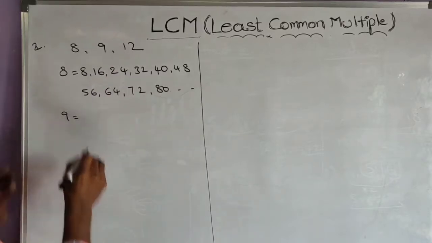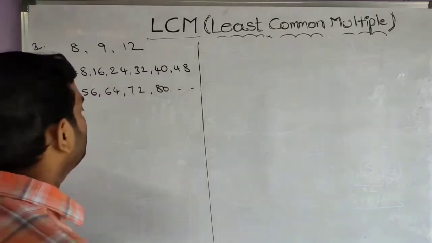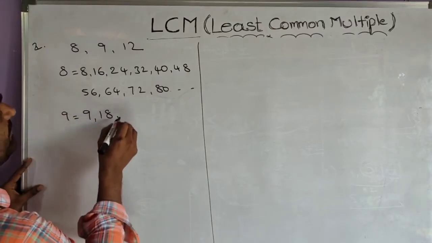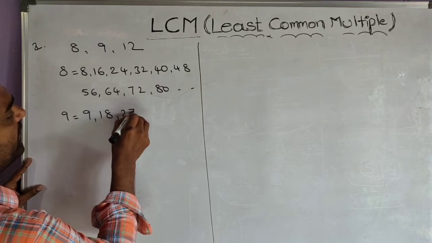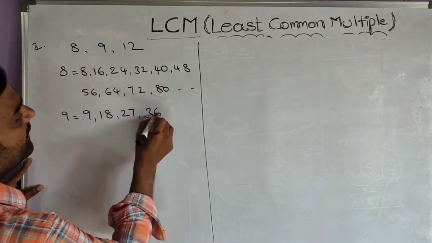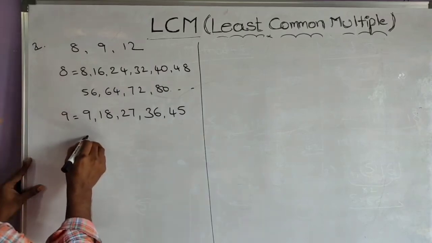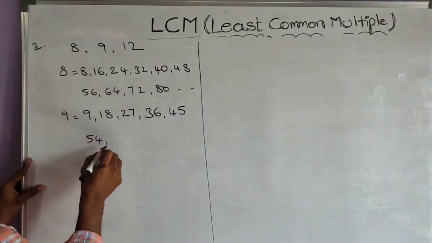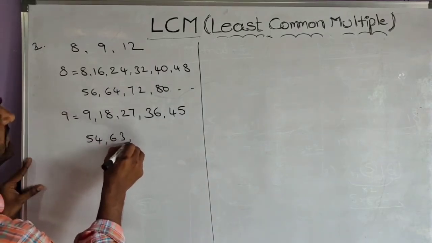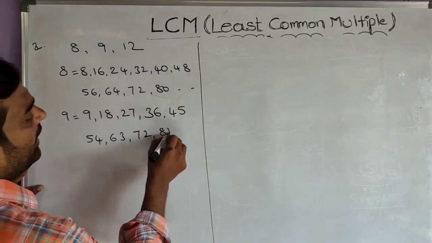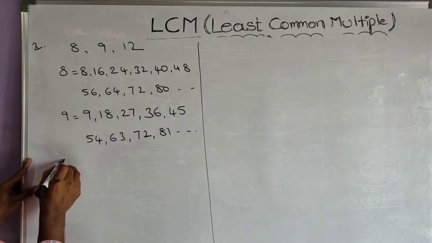Now write multiples of 9. What are multiples of 9? 9, 18, 27, 36, 45, 54, 63, 72, 81 and so on.